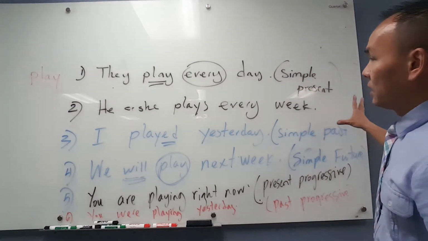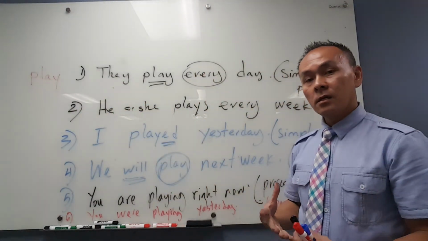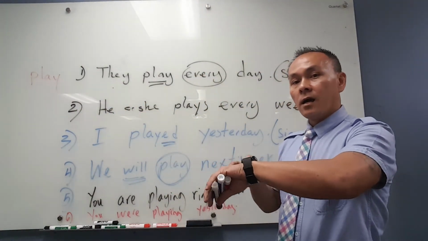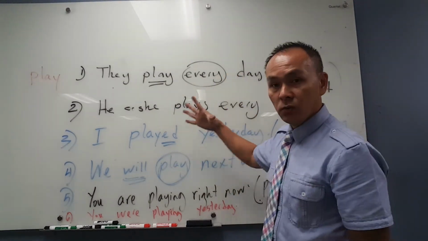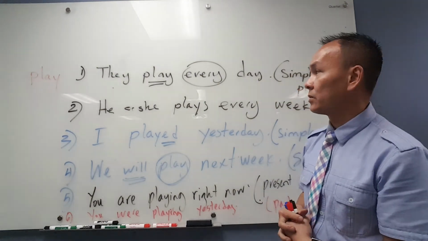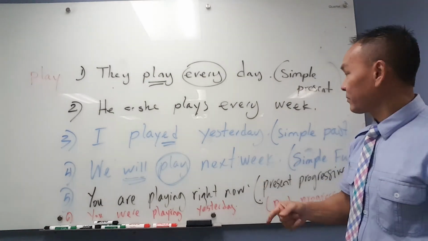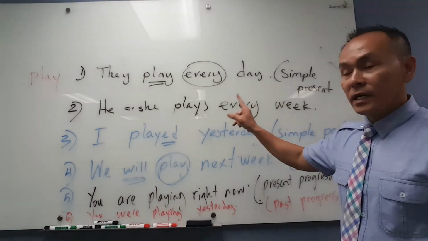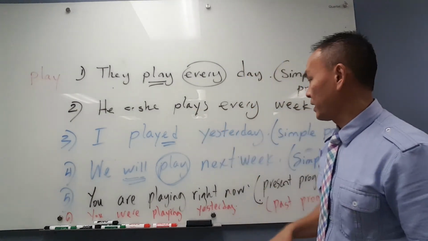Okay, so anytime you use a verb, be aware of the time and or the situation. So know which tense of the verb to use and which tense of the verb not to use. So simple present, every day. When it's he or she, you need to make sure to add s or es, okay?